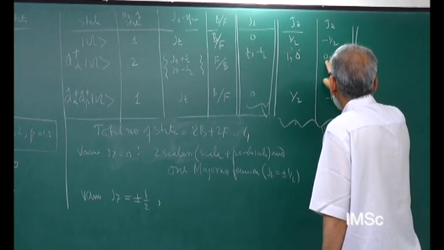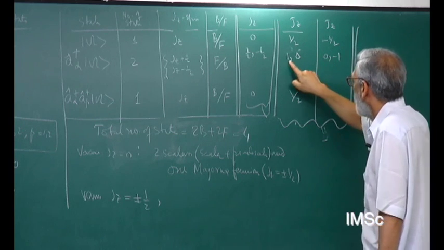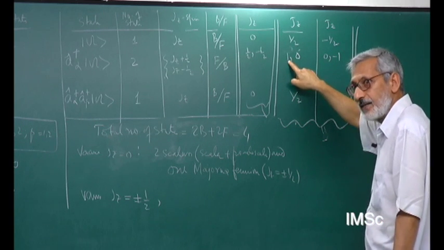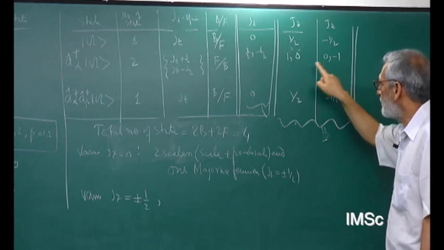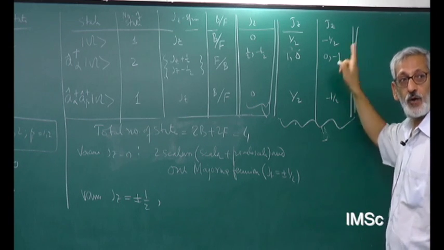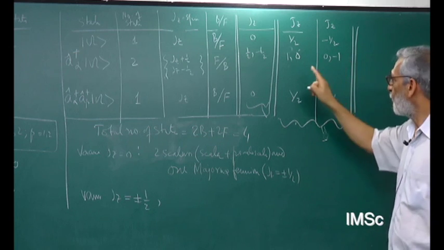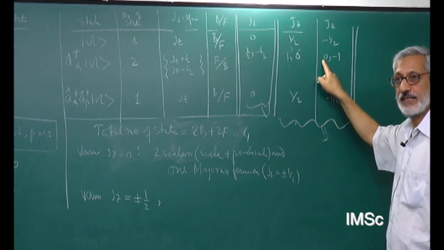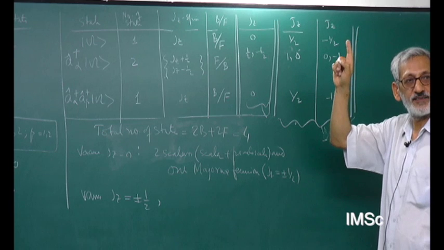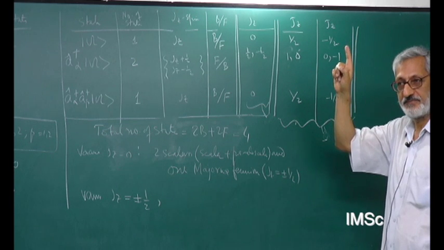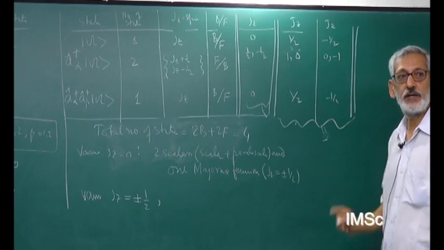It has Jz 0 values and Jz plus 1 and minus 1. A spin 1 object has Jz values plus 1, minus 1, and also 0. So one combination of these zeros will give me the spin 1 component. The other one will be a real scalar.